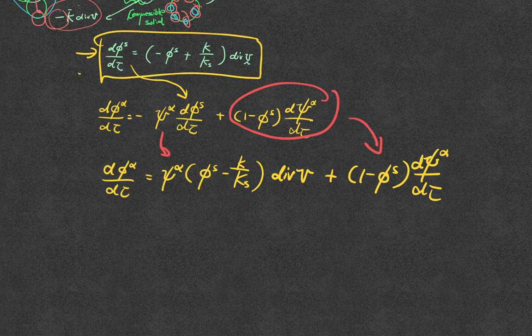Now with these relationships, we can write the balance of mass for the air, water, and other phases.